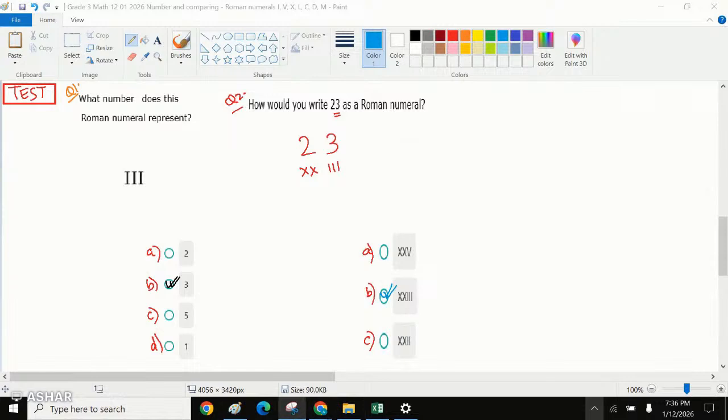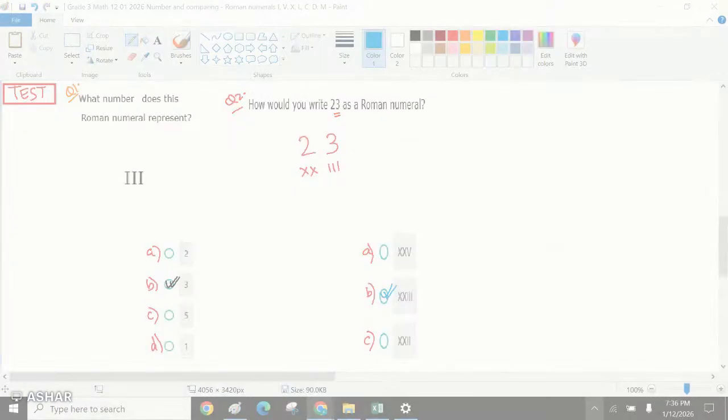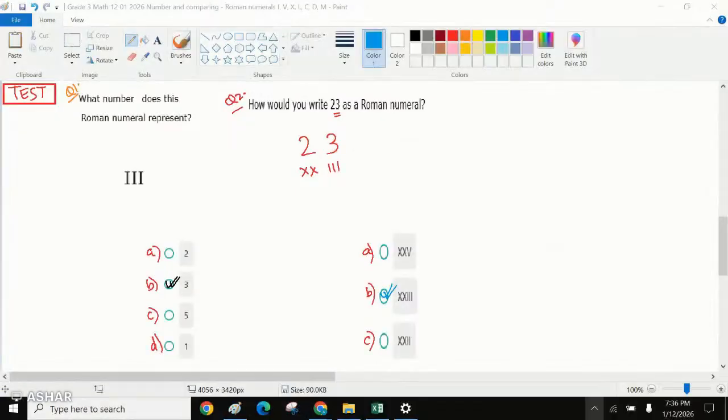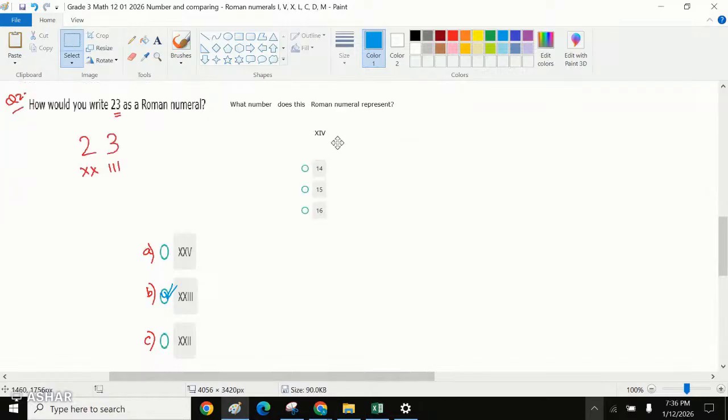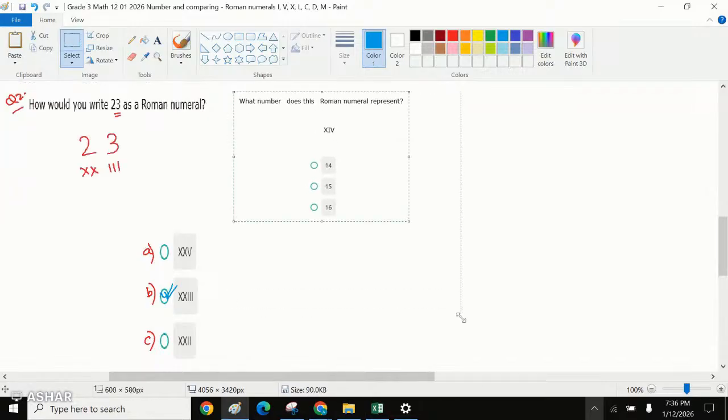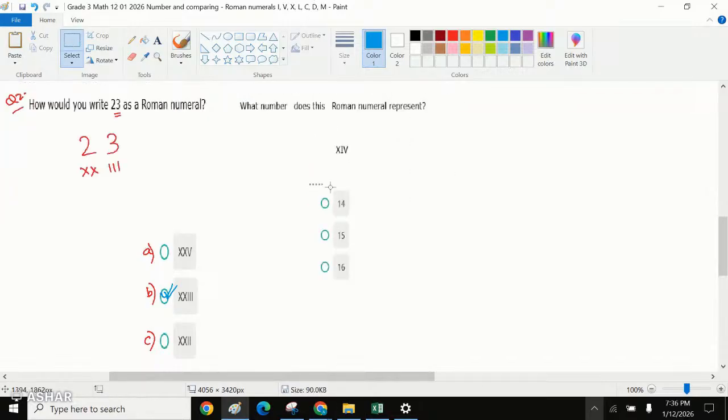The next question is, what does the Roman numeral represent? It's not very tough. It's just logical things we need to do over here. What is represented by the numeral XIV?